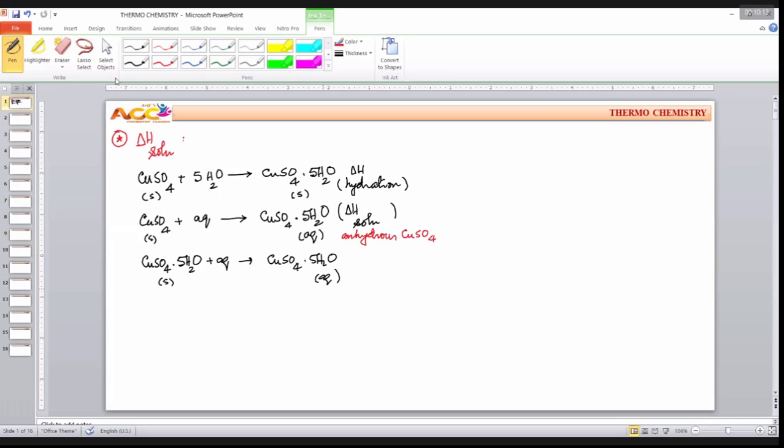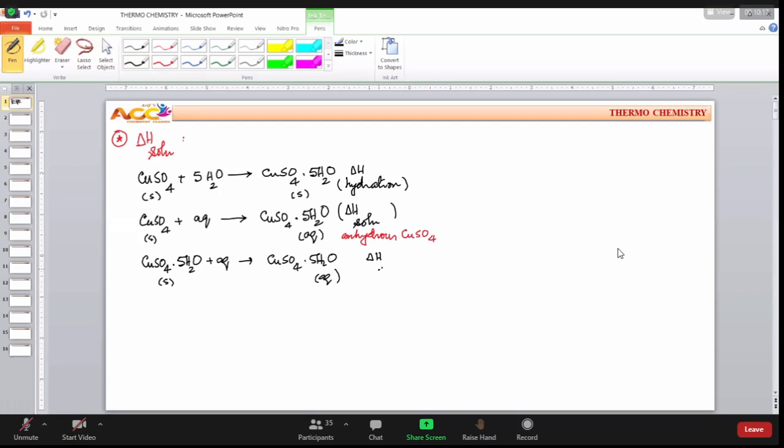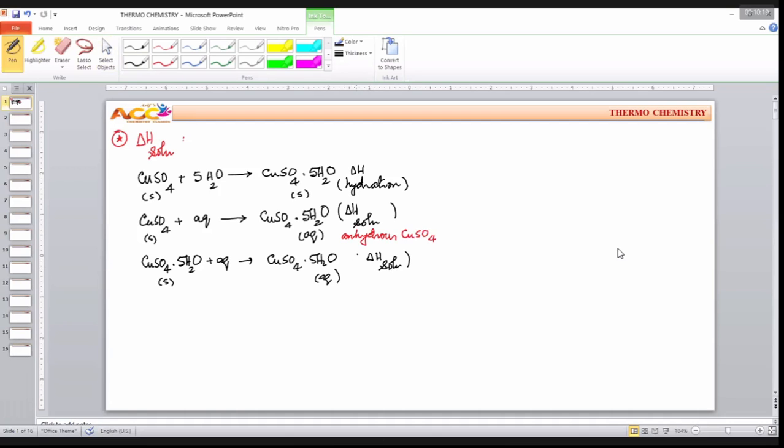Whereas here also we can write enthalpy of hydration, sorry, enthalpy of solution. But this enthalpy of solution is defined as the enthalpy of solution of hydrated copper sulfate. Therefore, how do we proceed for that?